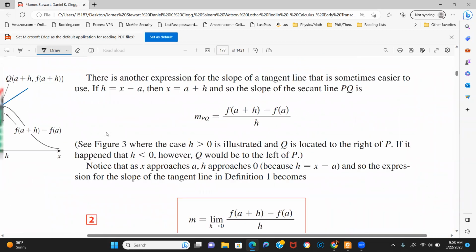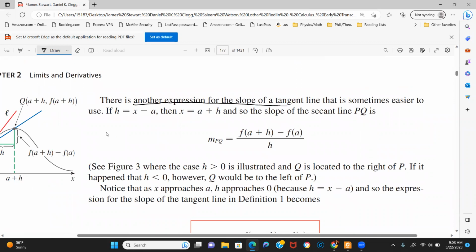So here's another expression of the slope for the tangent line. You now introduce the parameter h equal to x minus a, and then if you solve for x, you get this. First of all, the slope of the secant line through PQ. Remember Q is the point x comma f of x.